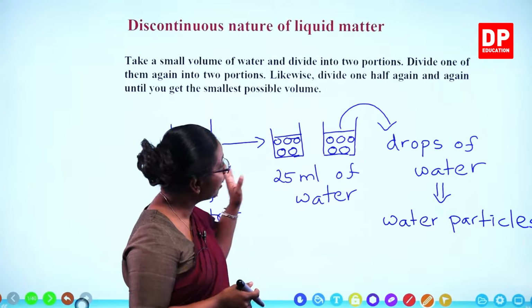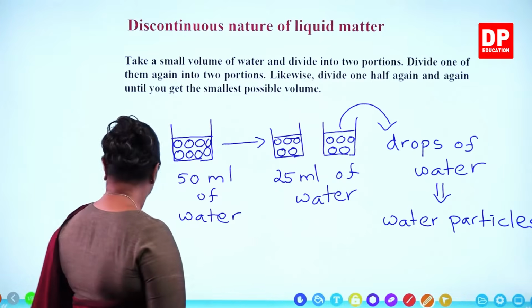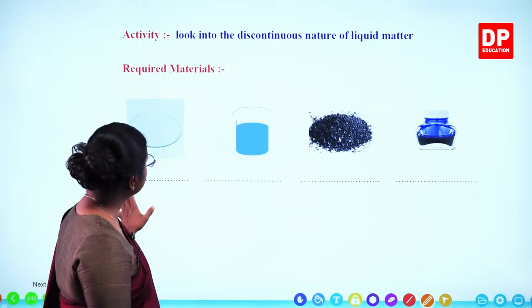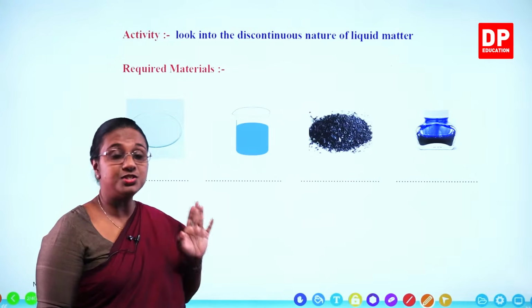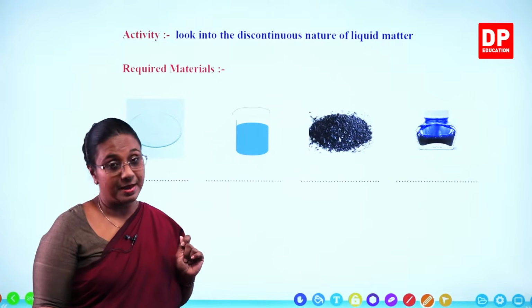Now we will try to understand this concept by doing an activity. So activity, look into the discontinuous nature of liquid matter. So here again, we need certain materials to understand the discontinuous nature of liquid matter.